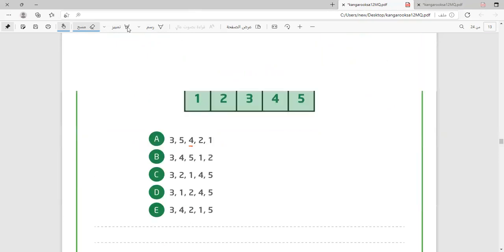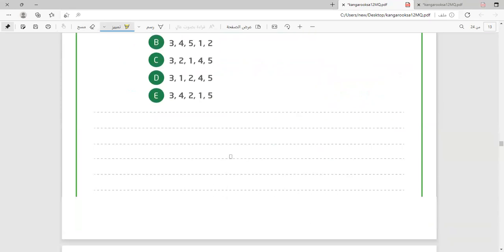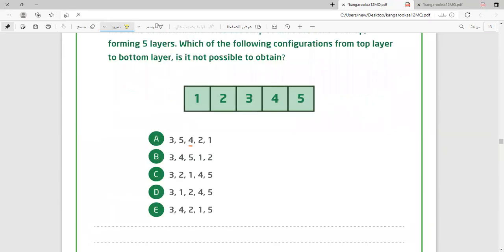So here, as we see, let me just click further. Okay, here it starts with 3, 5, 4.